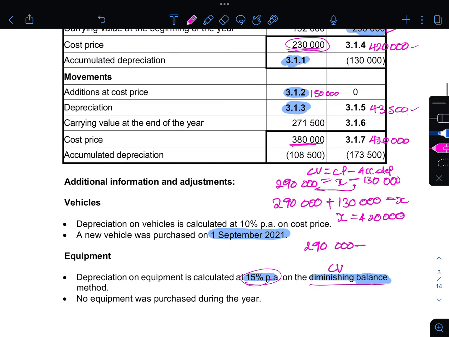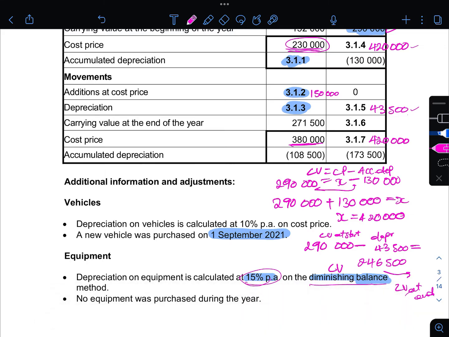So it's carrying value at start minus depreciation, which is 43,500, which will simply give you, let's see, 290,000 minus 43,500, which is 246,500. So this is your carrying value at end.